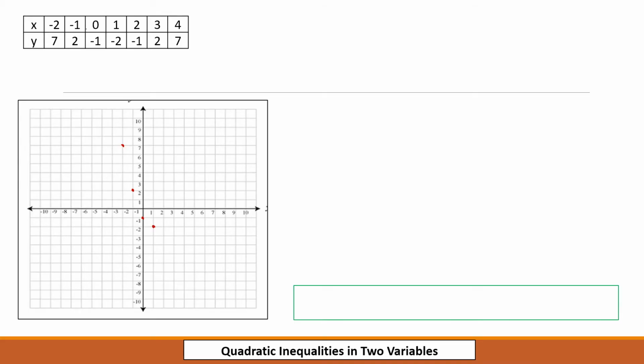Next point we have 2, negative 1. Next point we have positive 3, positive 2. And then for the last one, we have 4, 7.